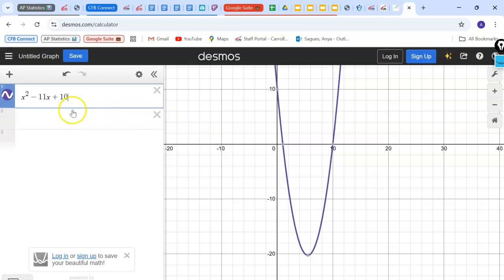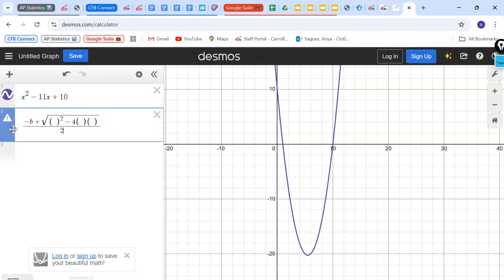Okay. Then the other way you could do it is by using the quadratic formula. So negative b plus square root of b squared minus 4 times a times c all over 2a. And then instead of b, we put parentheses.